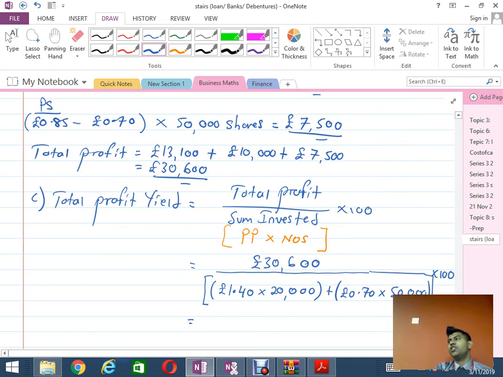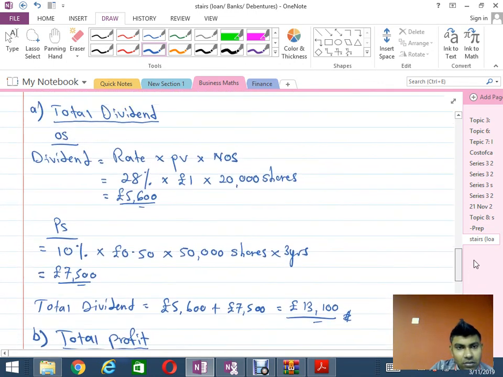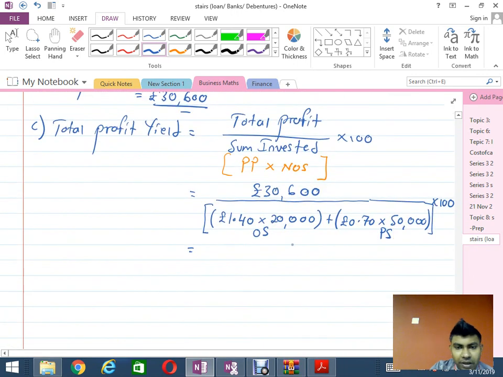How much do you get? This is for your ordinary share, this is for your preference share. And you should be able to get 48.57.